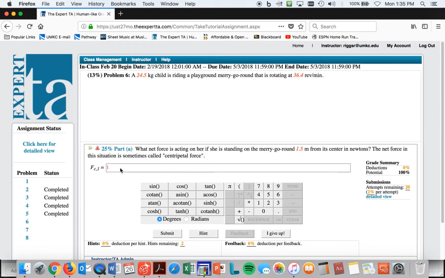Because I know that the centripetal acceleration, that is, the net force acting on her, is going to be her mass, 24.5, times R, which is 1.5, times... I've got to come up with R times omega squared. 36.4 is not omega.